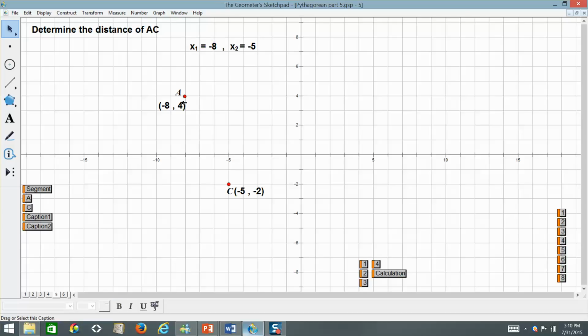And then y sub 1 is equal to 4, while y sub 2 is equal to negative 2 here. So now we can calculate the distance of AC using the distance formula.